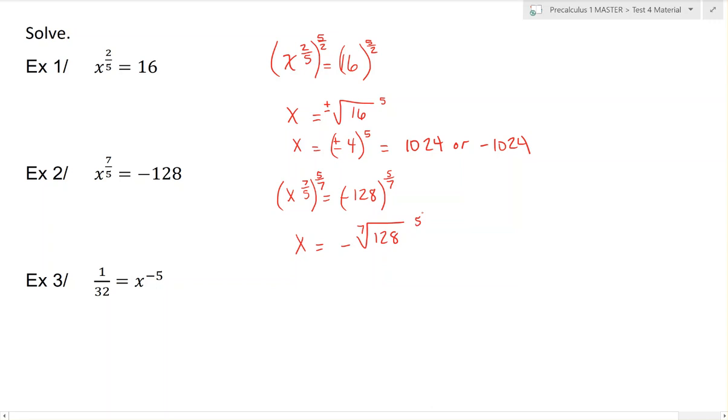So you can take 128 and the 7th root of that and get a 2. So this is going to be a negative 2. We still have to apply the 5th power, and we get a negative 32.